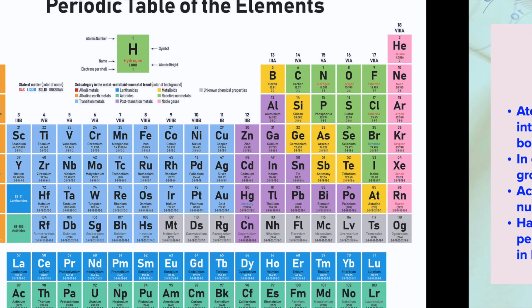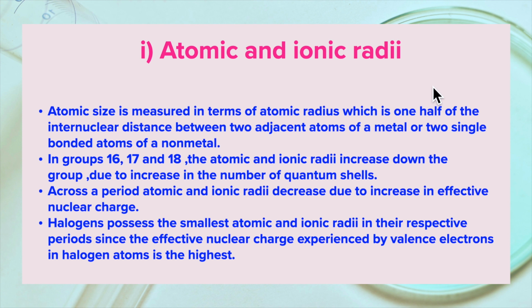Here the number of protons increases, so the effective nuclear charge goes on increasing, but the number of shells remains the same, and so across a period atomic and ionic radii decrease.